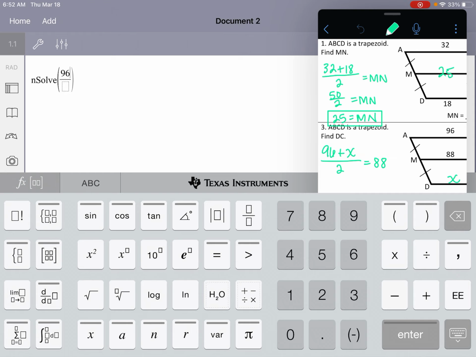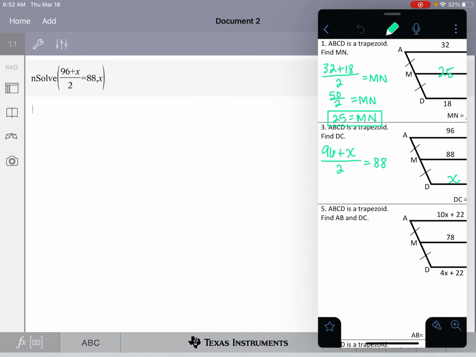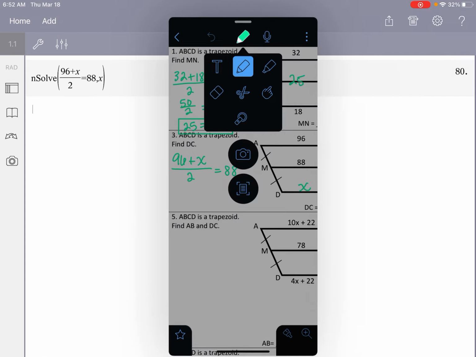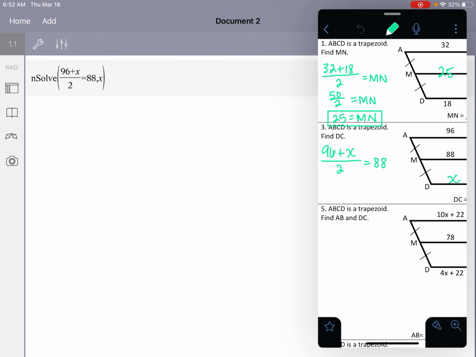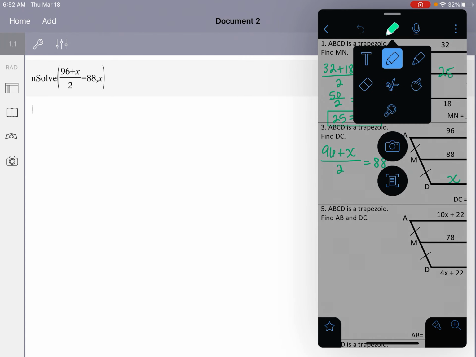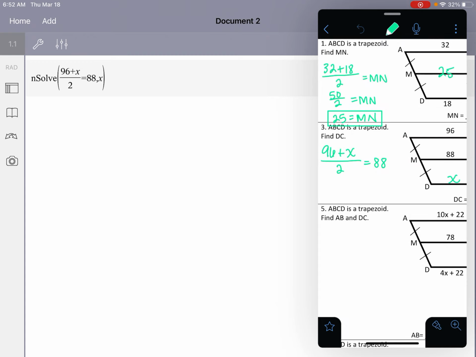So 96 plus X over 2 equals 88, comma X, and hit enter. And we get 80. So that's going to be 80 equals X, or X equals 80.